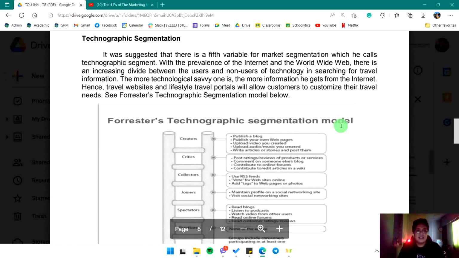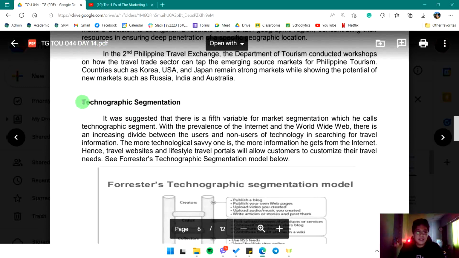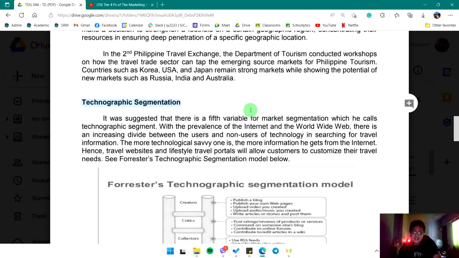And then actually lastly, we have here technographic segmentation. Ito po madalas ginagamit na to ngayon. Especially na malakas na or marami ang gumagamit ngayon ng internet sa kanilang mga buhay.